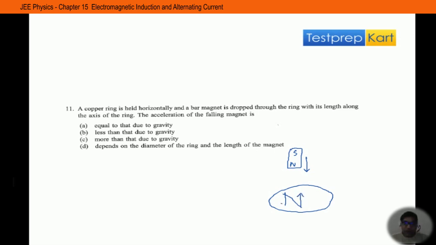So apart from gravitational force mg, there will be a repelling force due to polarity developed in this coil because of induced current. Let's consider this force is Fm. So this magnetic force will reduce the net magnitude of force working on this magnet. And if your net magnitude is less, then definitely acceleration would be something less than acceleration due to gravity. Okay, so option B is right in this question.